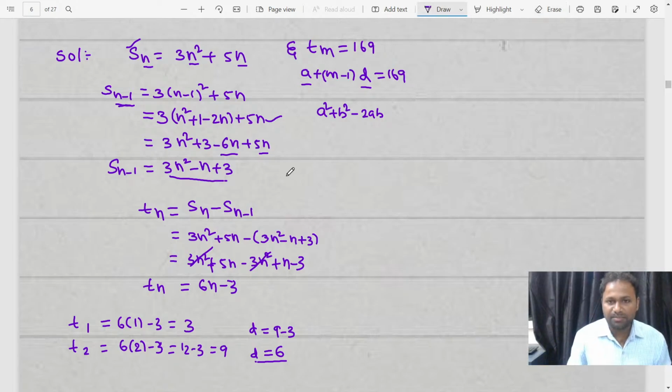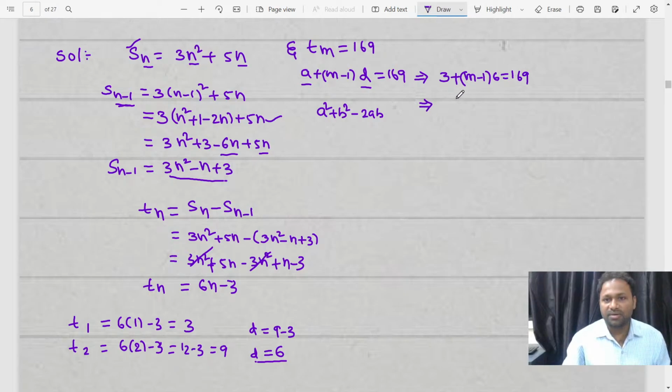What we get? That implies A plus m minus 1 into D, where D is 3, is equal to 169. Here we need to simplify.